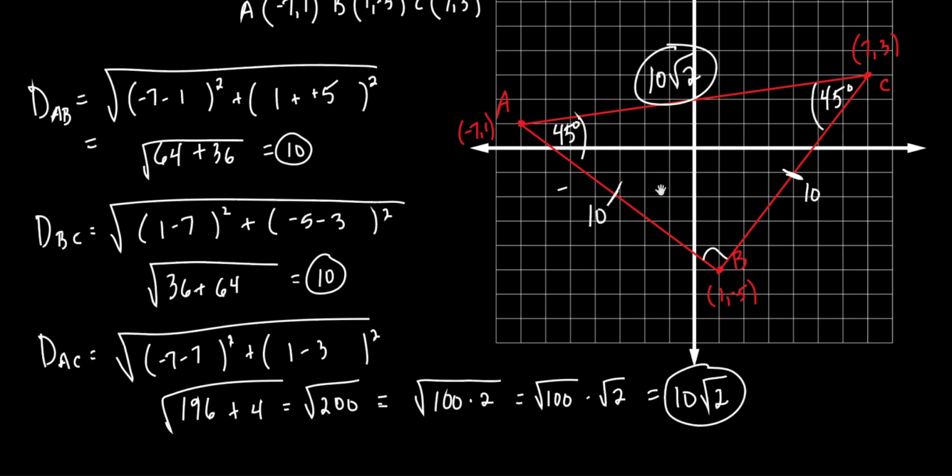If it's a right triangle, you know that these two are equal. How do you know those two angles are equal? Because we just found that these two sides were equal, right? If these two sides are equal, and this is 90 degrees, these angles would be equal, and they'd also add up to 90, right? So if they add up to 90, and they're both the same, just divide by 2, you get 45, okay?